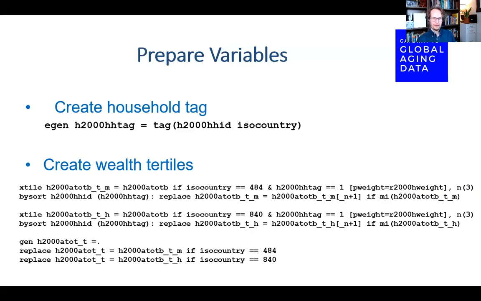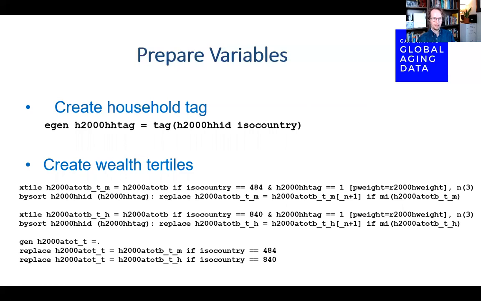We're going to create a household tag, using the egen tag command. It's going to go through each of the households, and a household in both MHAS and HRS can have a single person or it can have two people, right? Since we have individual level observations, some households are going to have two observations per household, and some are going to have one, whether they're single or coupled.